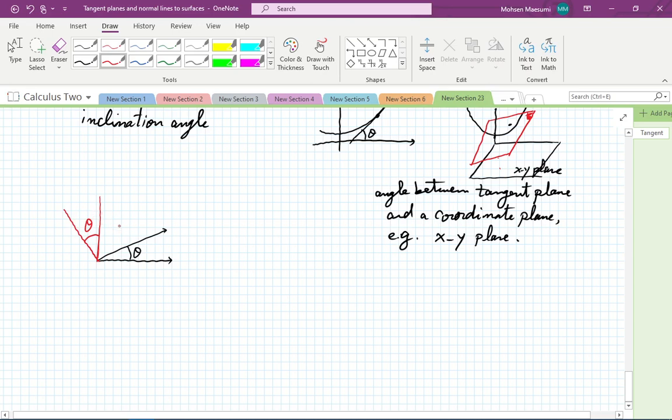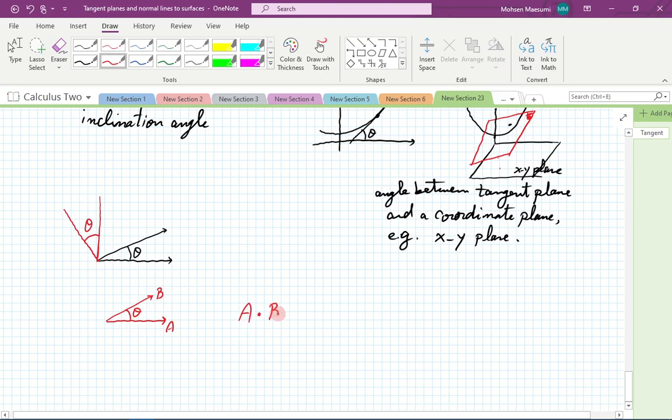So what we are going to do next is remind ourselves of another basic formula from calculus 2 or physics or engineering. If I have a vector A and another vector B, what's the connection between the angle and these two vectors? The connection comes through the dot product formula.